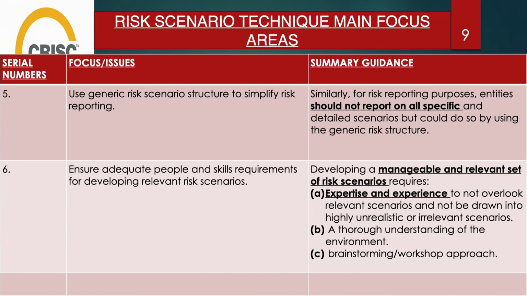The next focus area is use generic risk scenario structure to simplify the risk reporting. It summarizes that for risk reporting purposes, entities should not report on all specific and detailed scenarios, but could do so by using the generic risk structure. Let's understand it. Companies should not report on all the particular and detailed scenarios for risk reporting, but can do so by using the generic risk framework.